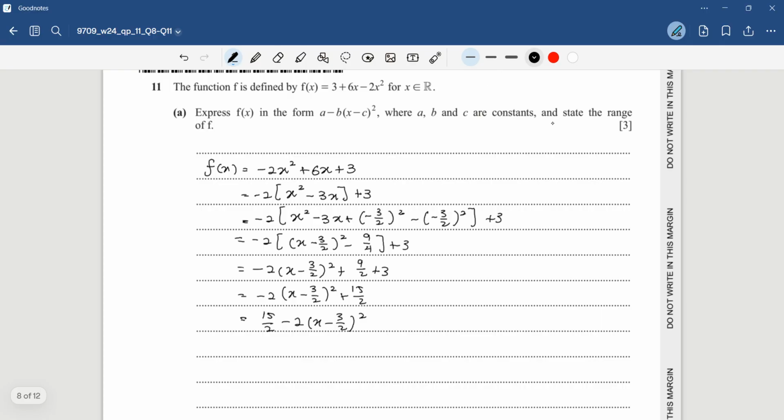Then the question says state the range. You can see here a is negative, so it's going to be a maximum curve. So this point is going to be 3 over 2 and 15 over 2. Which means the range will be f(x) smaller than or equivalent to 15 over 2.